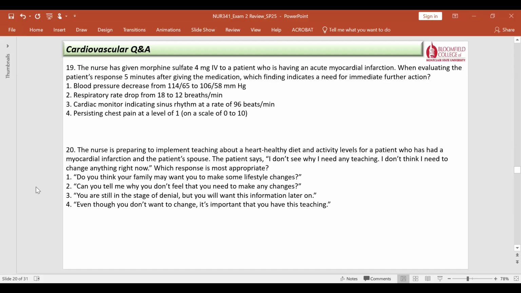Looking at the other responses, even though they might be accurate, they may indicate an intention to teach whether the patient is ready or not and are not likely to lead to changes in lifestyle. So our point here is to acknowledge the patient's statement, encourage further clarification, and lead to changes in the patient's lifestyle.